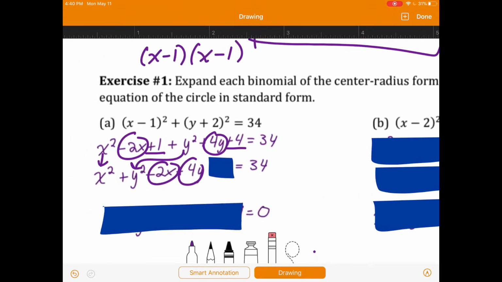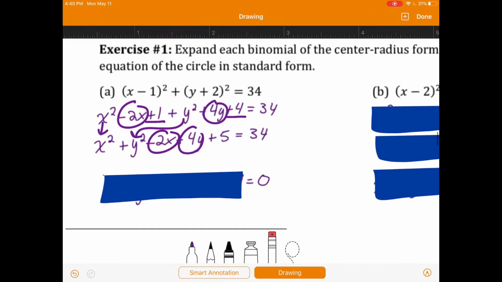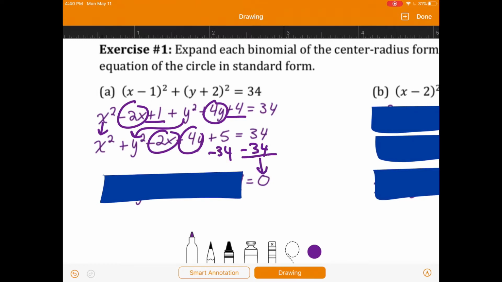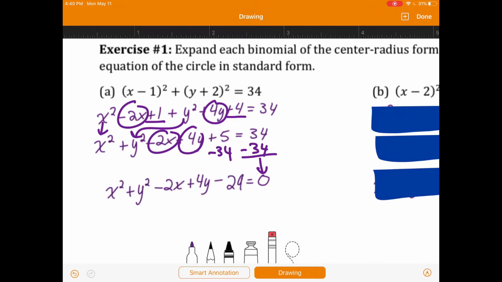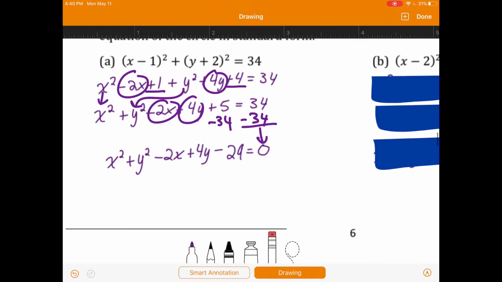And then we take the plus 1 and the plus 4, combine those together to get plus 5, and then you're going to subtract 34 on both sides to make this equal 0, and you're going to get this as your final answer.